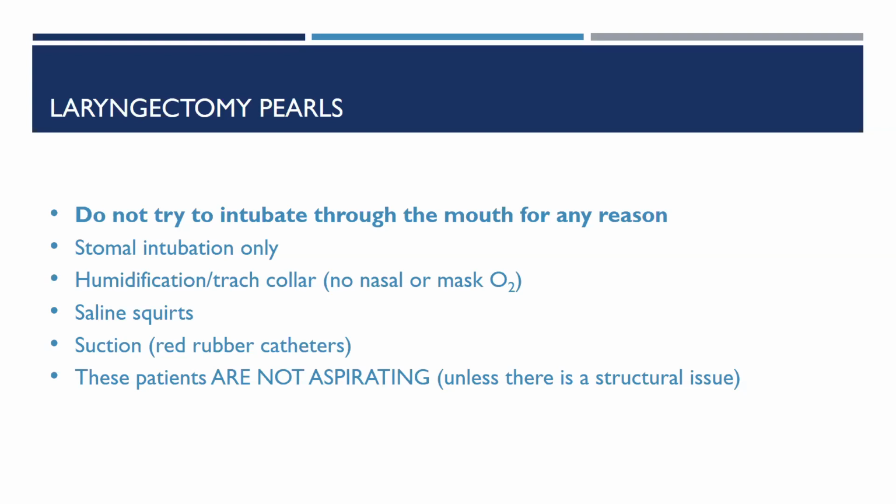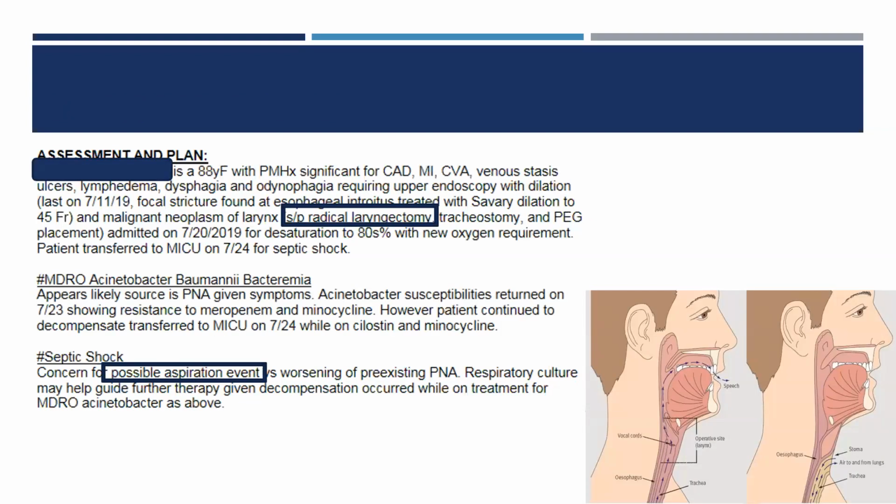But for the most part, these patients don't aspirate because there's no common pathway for them. Sometimes we'll see patients who've had a laryngectomy and there's talk of an aspiration event. These patients don't aspirate because of their anatomy, barring a rare structural issue like a fistula. But the nice thing is they don't aspirate.